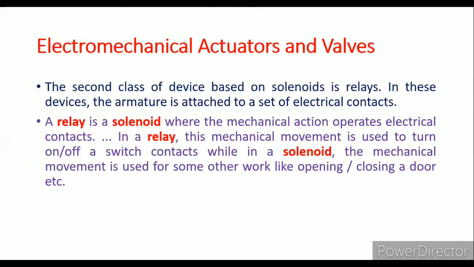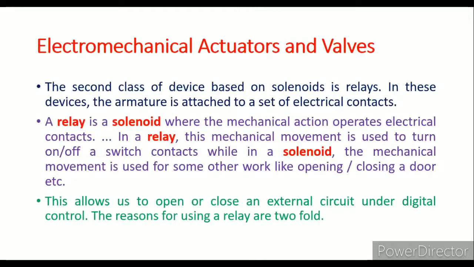That is controlled with the help of a solenoid. Whereas in our electronics or electrical systems, we use a relay to control the on and off operations of electrical parameters. This allows us to open or close an electrical circuit under a digital control system.